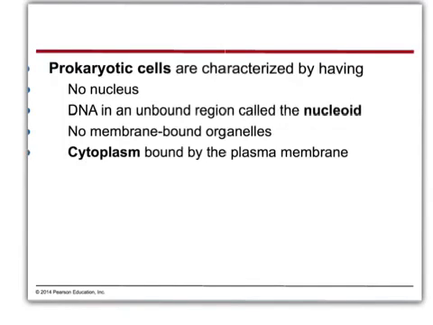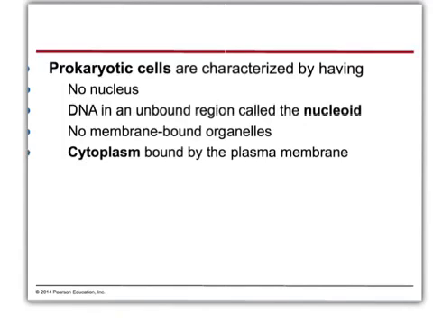Prokaryotic cells. Difference between the two. All cells have those four characteristics, whether prokaryotic or eukaryotic. Prokaryotic cells are characterized by not having a nucleus, or what we'll say is a membrane-bound nucleus.